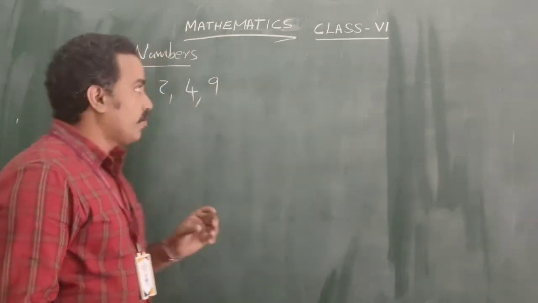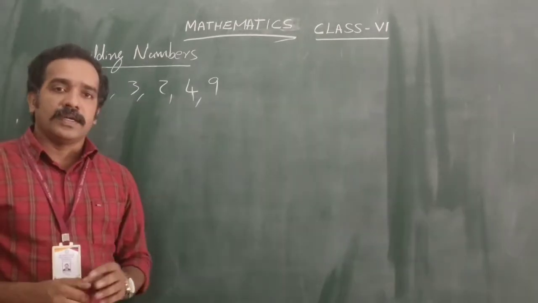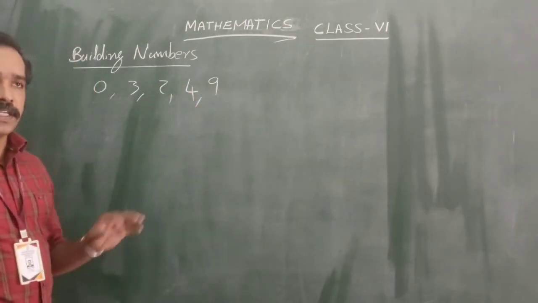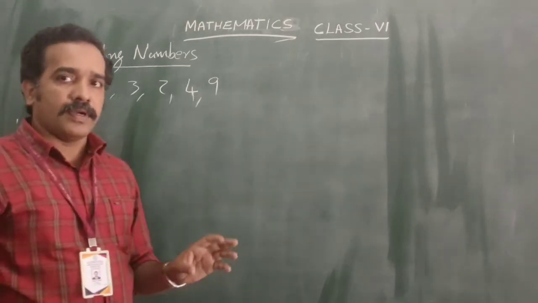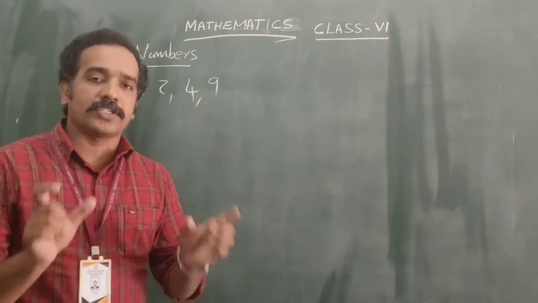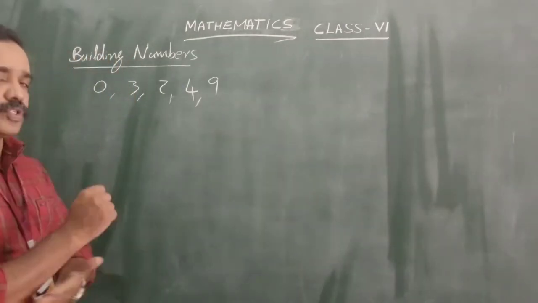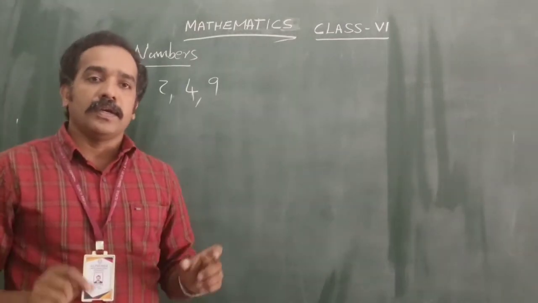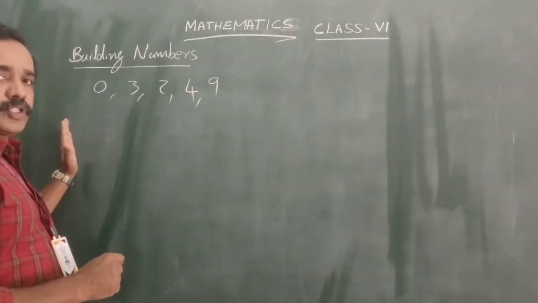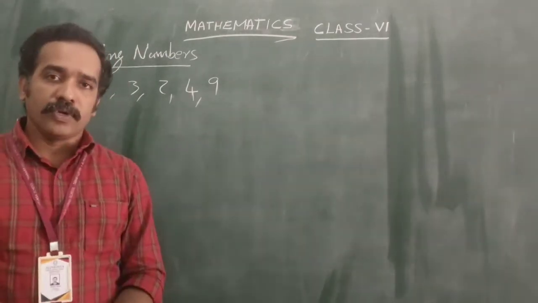Let us see. Whenever you are making a number, you cannot place 0 in the highest place. If 0 is placed in the rightmost place, that 0 is of no value.